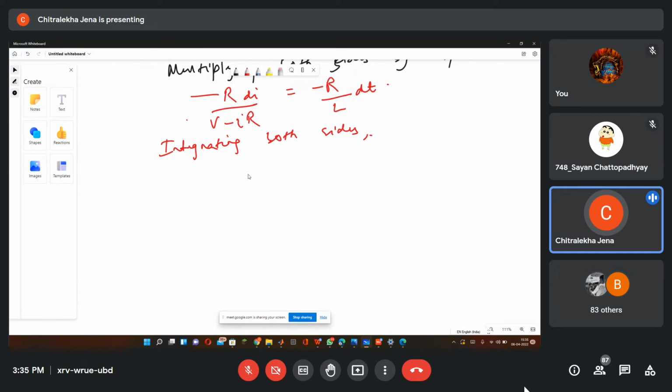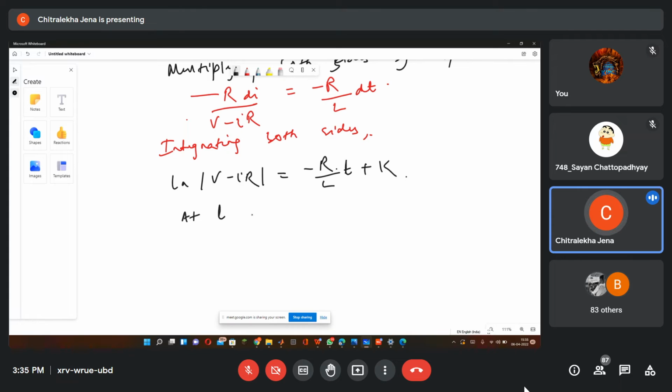So now integrating both the sides, what you are getting? ln (V minus IR) is equal to minus R by L into T plus K. Okay. So now you can get the integration constant. K you can take at t equal to 0.